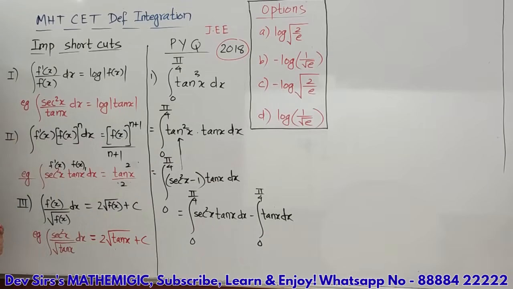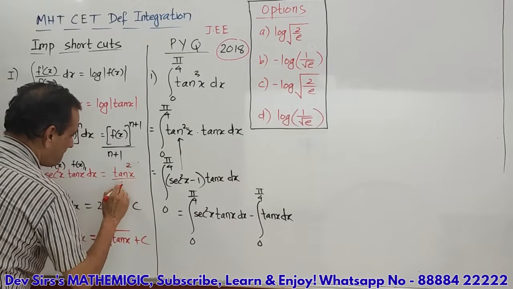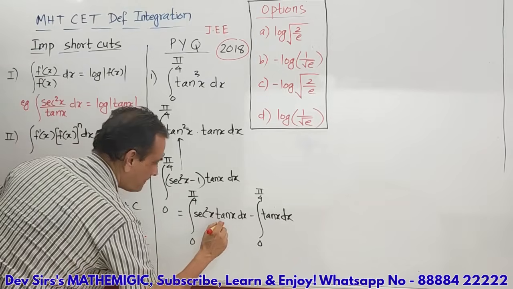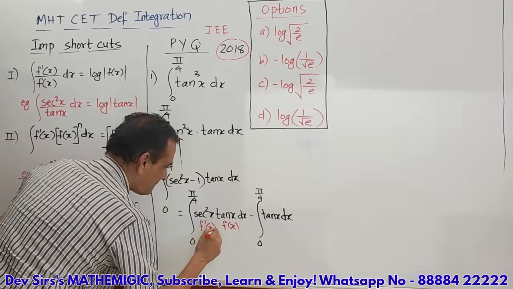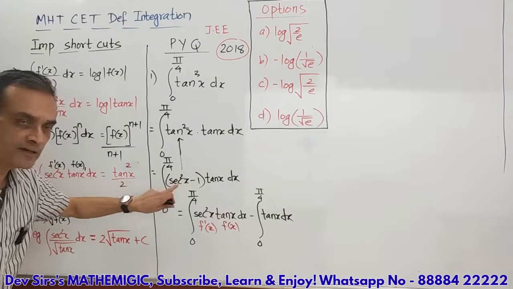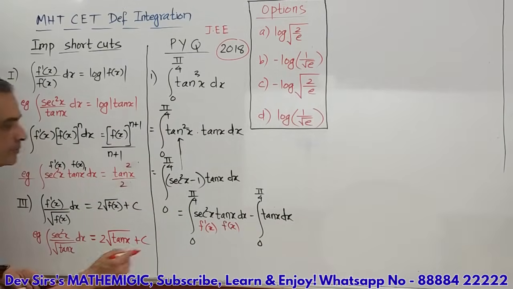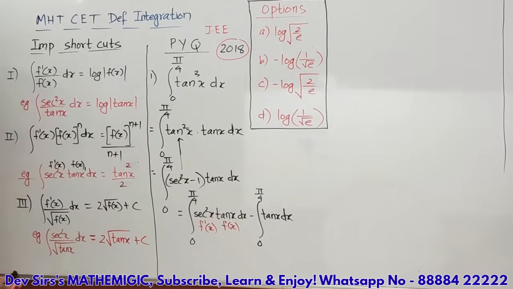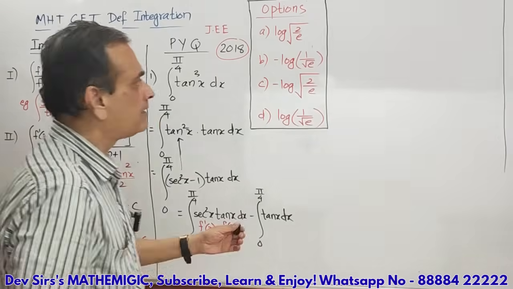I explained why. So according to this formula, f dash x into f x का इंटीग्रल क्या है? f x raised to n plus 1 upon n plus 1. अभी ऊपर 1 है. So tan squared x upon 2. I have already taken that example.